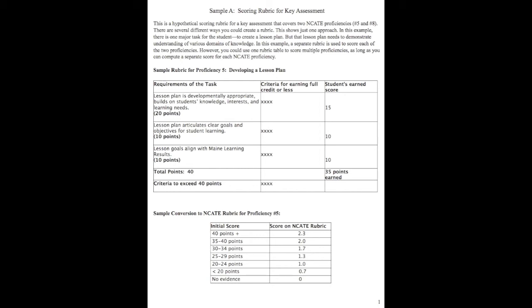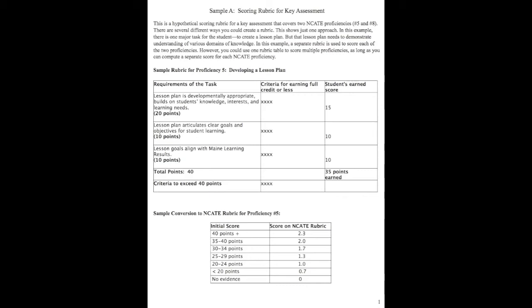In this example, I created a separate scoring rubric for each proficiency. In order to demonstrate evidence of meeting each proficiency, the student is required to perform certain tasks or address certain components of the assignment. For NCATE proficiency number 5, planning instruction, I developed a rubric that has 3 components. This is shown in the left-hand column.